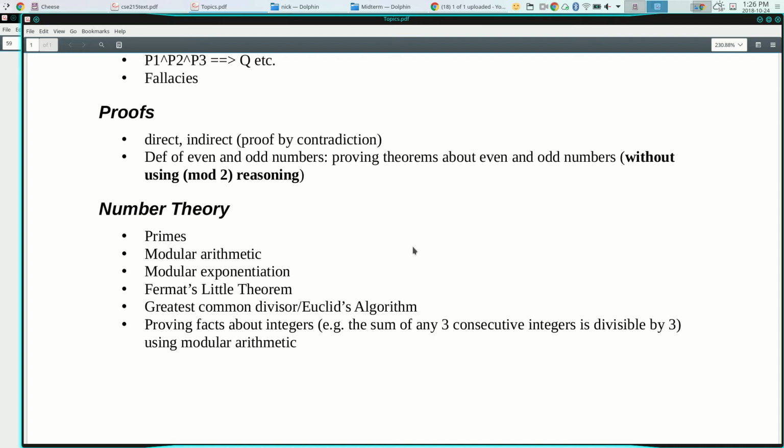If n is odd, n is equal to 2k plus 1, k is an integer. If n is even, n is equal to 2k and k is an integer.